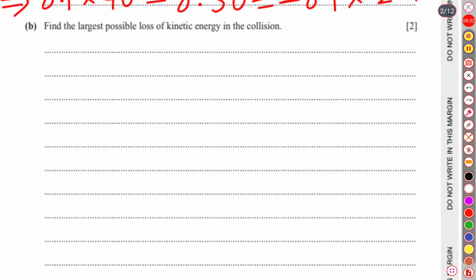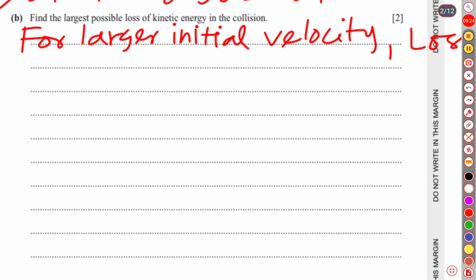Let me write this. Keeping this concept in mind, that larger initial velocity means loss of energy will also be larger, we are going to find the loss of energy. u is equal to 14, because the larger initial velocity was 14.